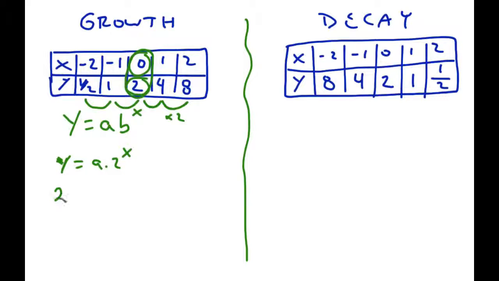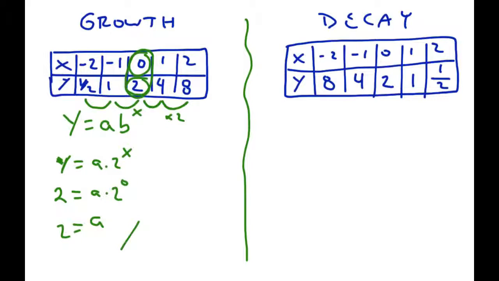So 2 goes in for y, a I still don't know, and x is 0. Now, we all know that 2 to the 0 power is just 1. So on the right side of this equation, I end up with a times 1, which is just a. On the left side it's 2, and a turns out to be 2. Real quick, easy way to figure out a.